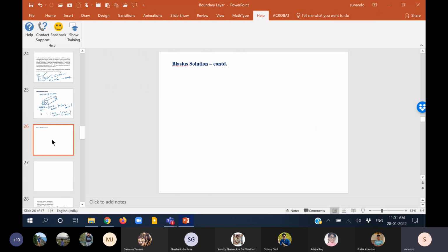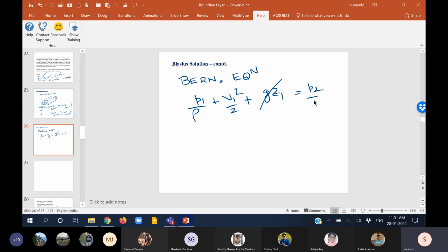So it becomes a straightforward problem of Bernoulli's equation, and I will assume that there is no effect of gravity. P1 by rho plus V1 square by 2 plus gZ1, which is 0, would be P2 by rho plus V2 square by 2 plus gZ2, which is also 0.